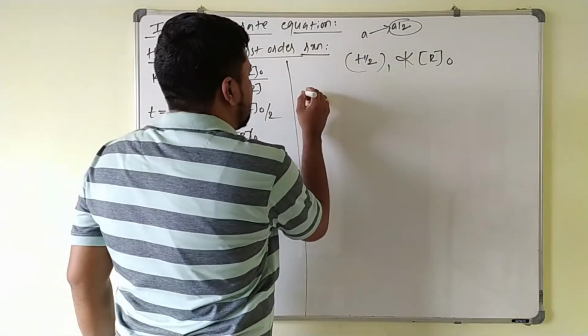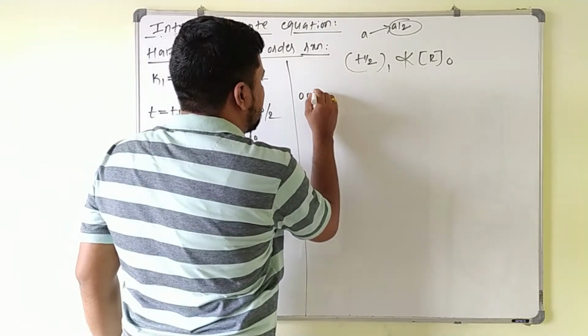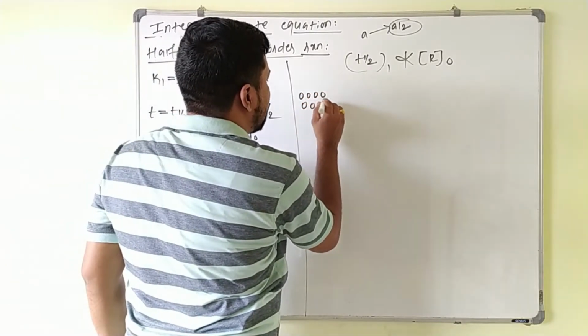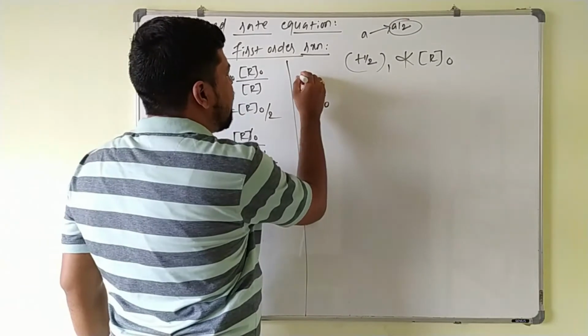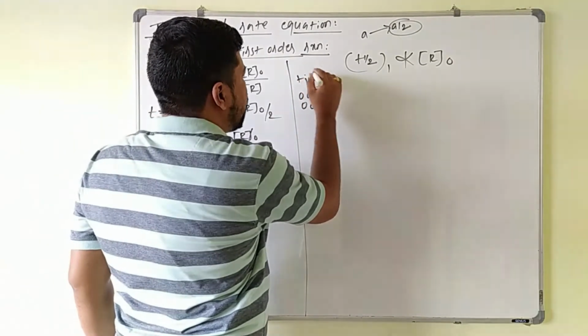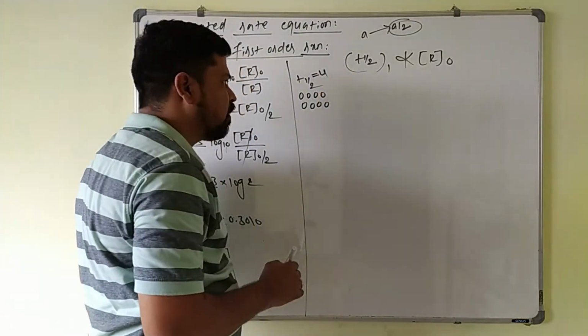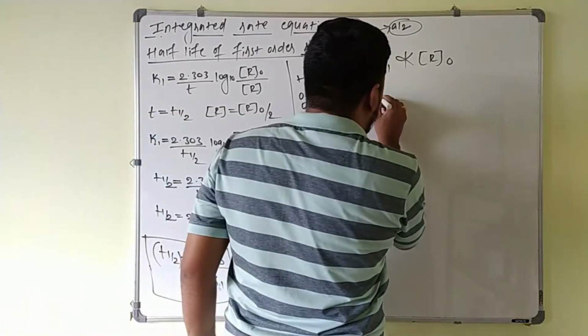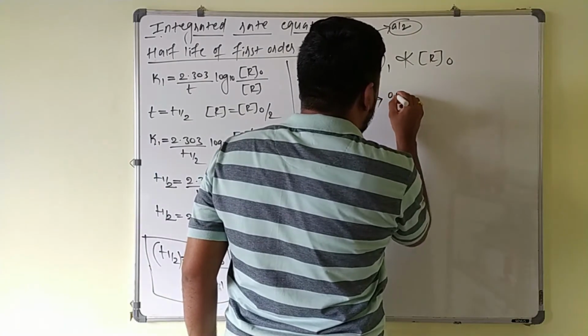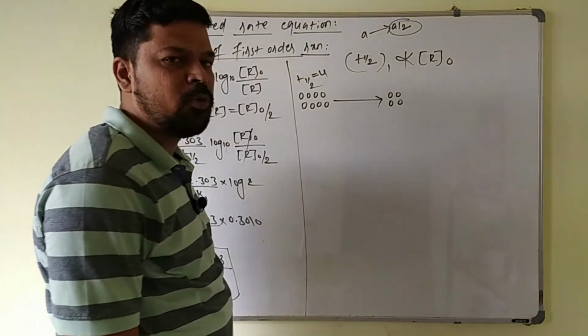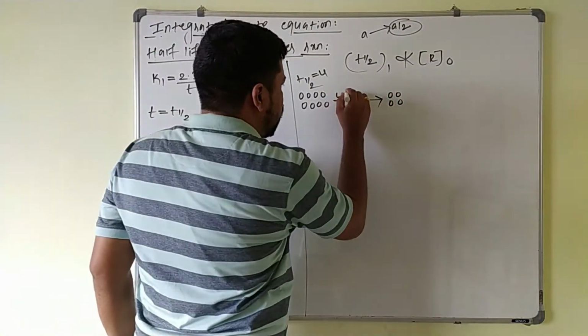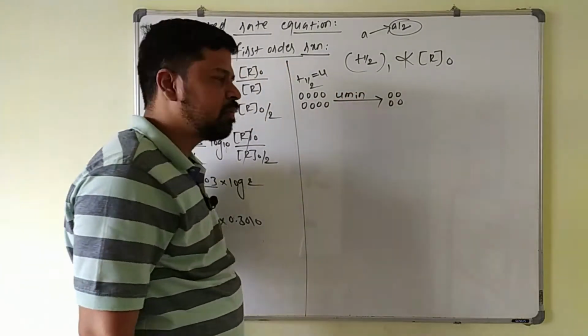Suppose I take a reaction in which initially 8 moles of reactant are present. For this reaction I will take the T half value, half-life, as 4 minutes. So to convert exactly half of its initial value means 8 moles of reactant become 4 moles in 4 minutes.